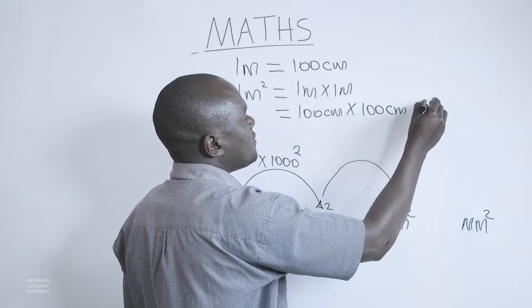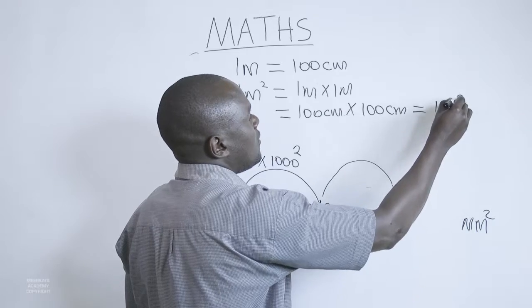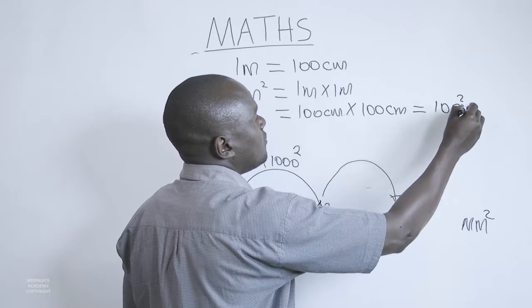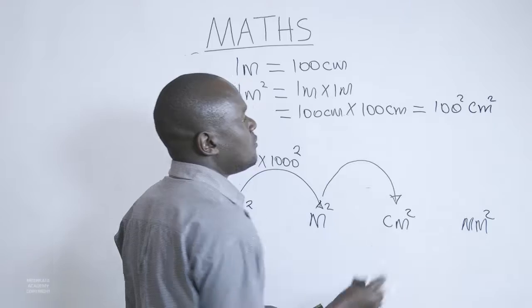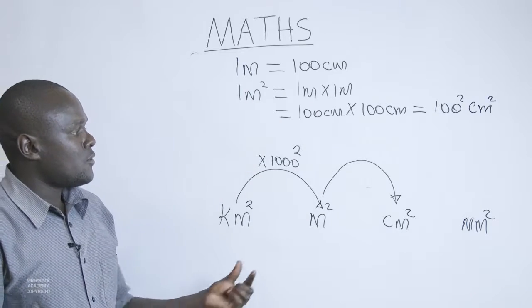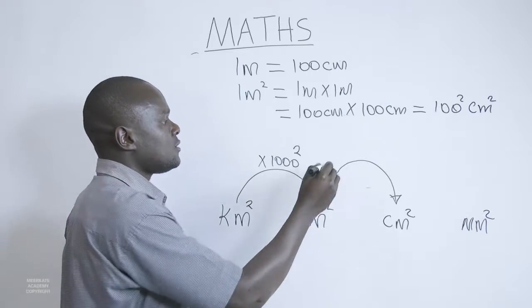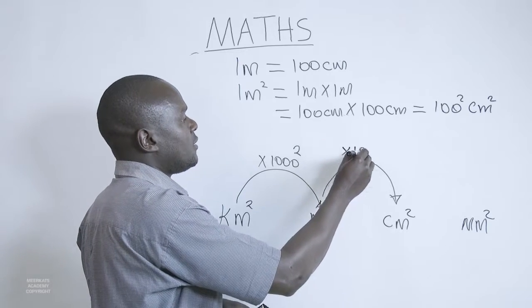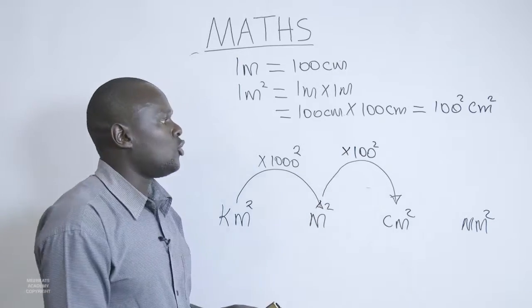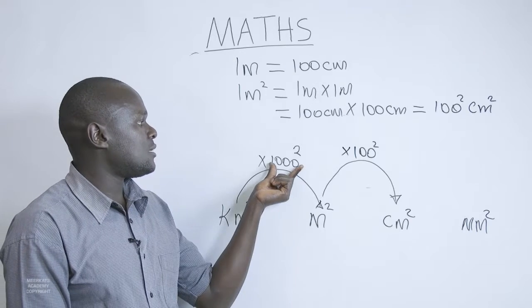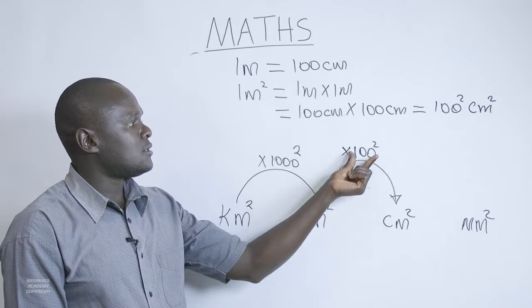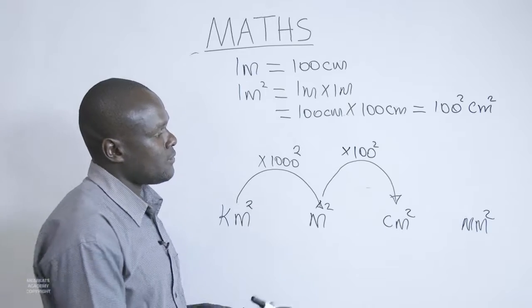This will give us 100 squared centimeter squared. So when we move from a meter squared to centimeter squared, we multiply by 100 squared, or 10,000.